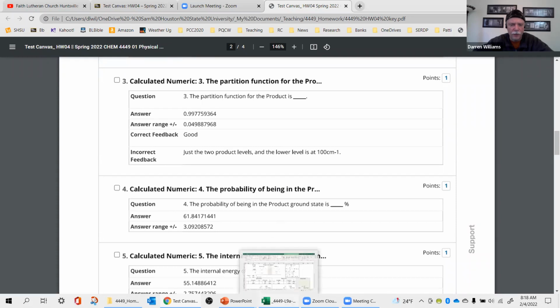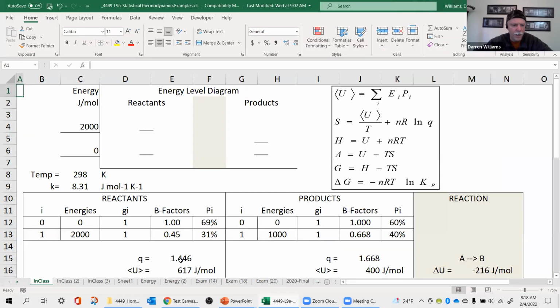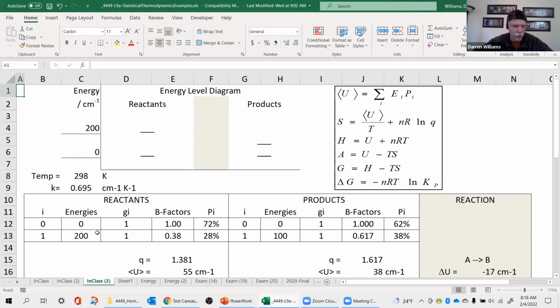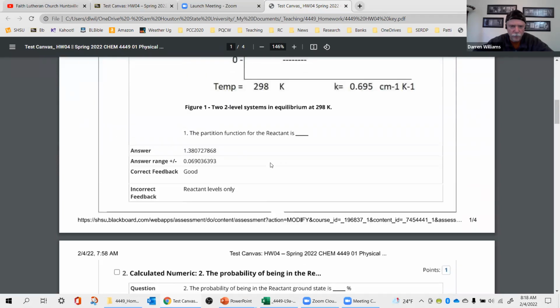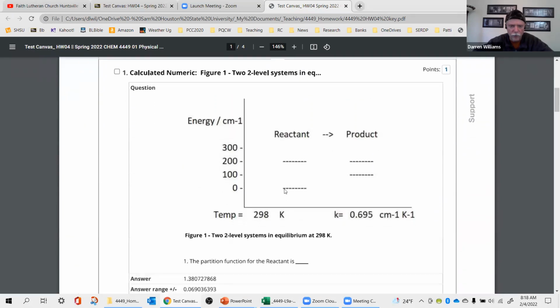Let me see if I can create this system here. Let me move my screen around. So let's find the wave number example. Okay, so we've got one similar to this. Let me compare it to this one. So 0, 200 and 100, 200. Let's look at that.